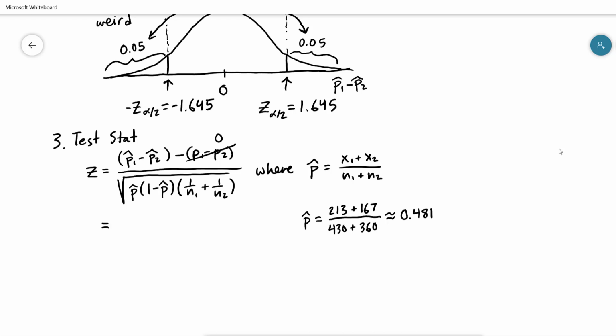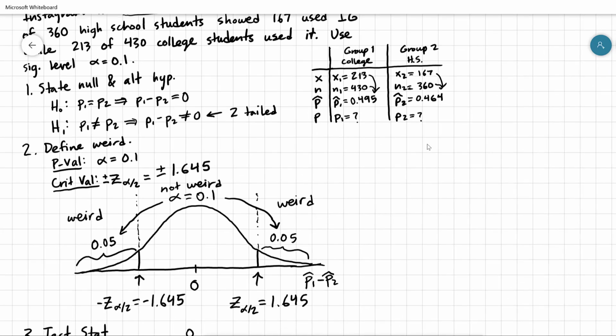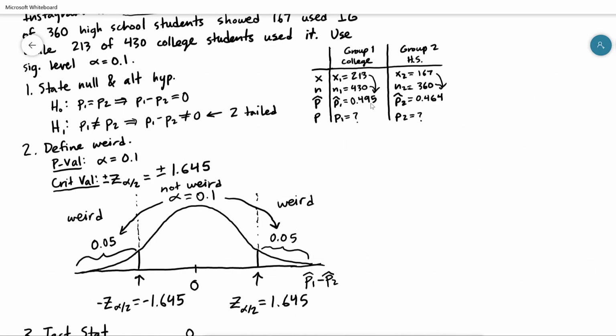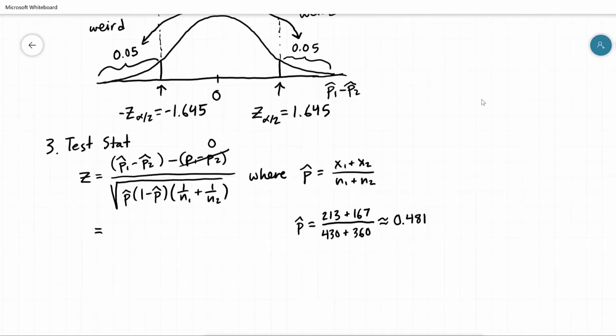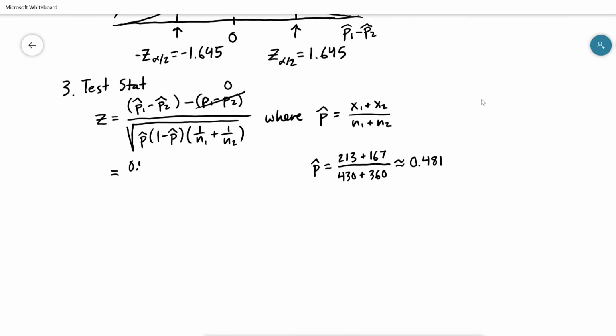And the other part, these two numbers, we already found them. They were in our table as well. They are these two numbers, so 0.495 and 0.464. So I'm going to have 0.495 minus 0.464 on top. Again, I'm going to ignore this minus 0. We don't really need that.